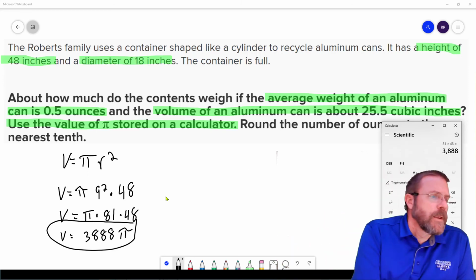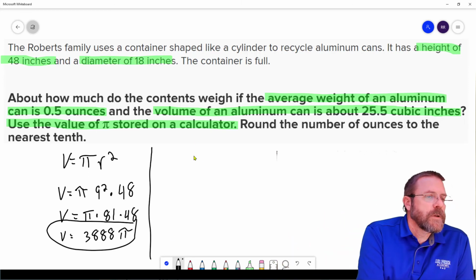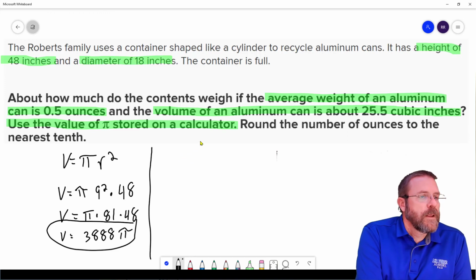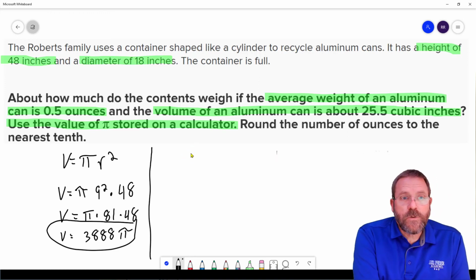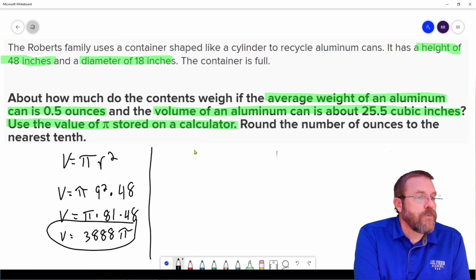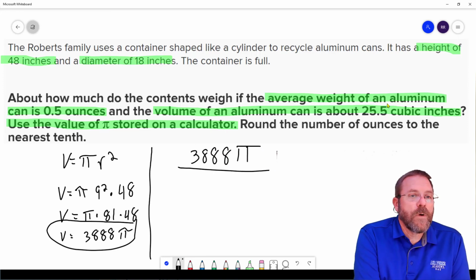Next thing I'm going to have to do is acknowledge the fact that I have to find out how many cans there are going to be. To find out how many cans there are, I'm going to take the volume of the big can, which is 3,888 pi, and divide it by the volume of the little can, 25.5.